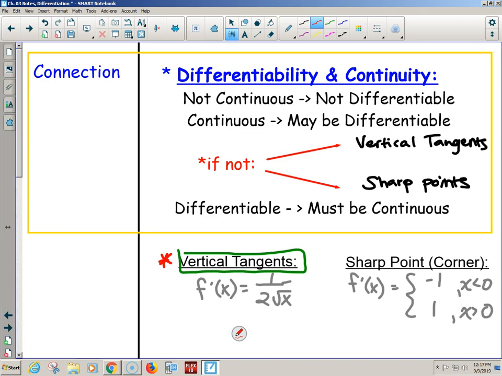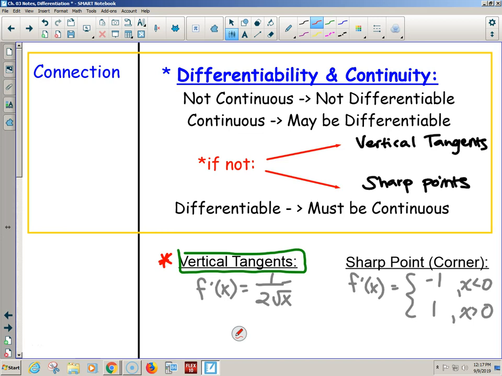I'm not so much worried about you remembering vertical tangent lines and sharp points as you recognizing them when they come up in examples. So I have some examples down below to show you when you would have a vertical tangent versus a sharp point, when differentiability would fail even though the function is continuous. This is a forever curve.